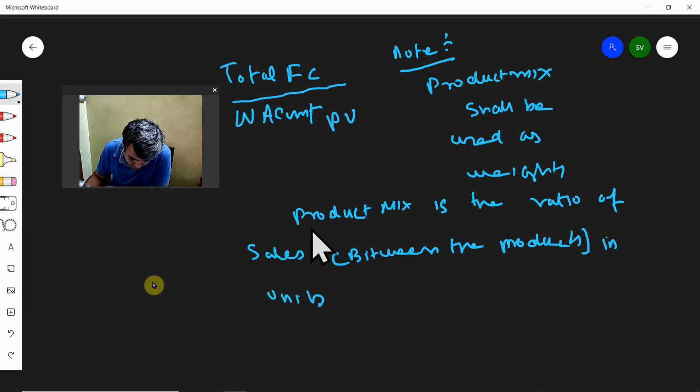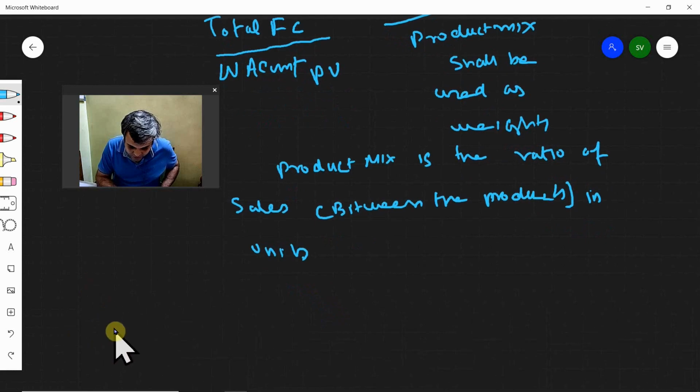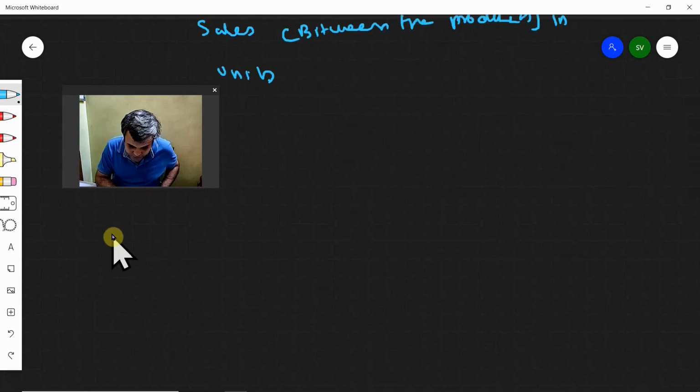So product mix is the ratio of sales in units. That's what we need to take as weights.